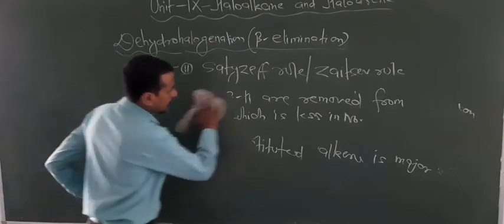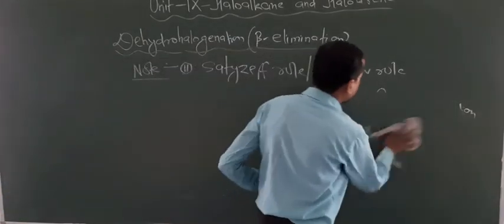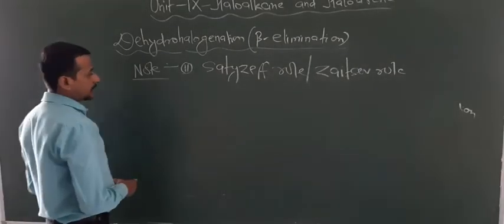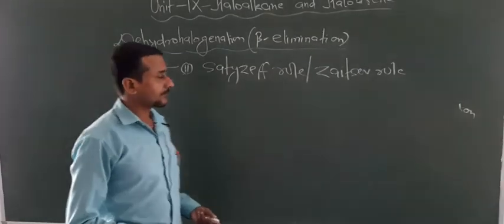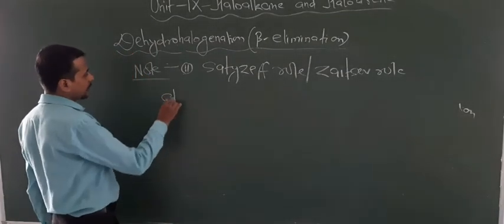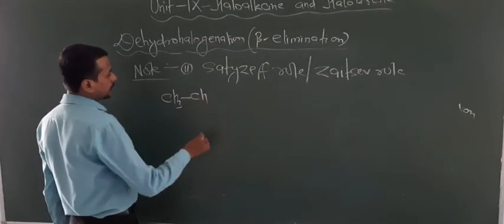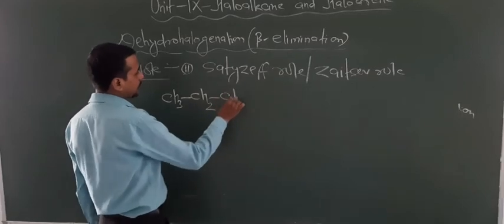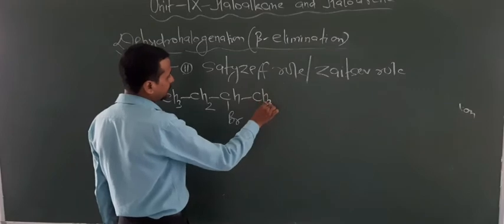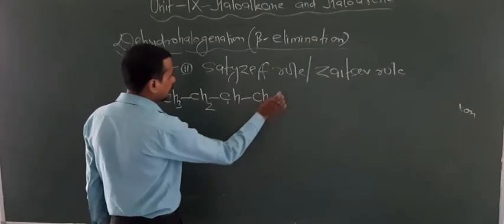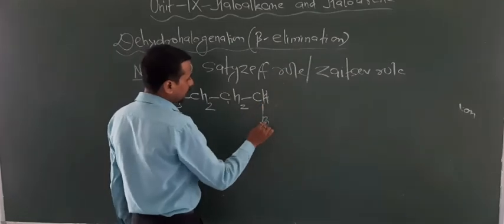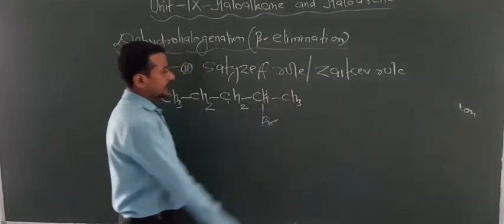Now this you can also solve by the stability order. This I told you in general concept of organic chemistry, that is stability of carbocation. So now look at the conditions: CH3 CH2 CH with bromine, and there is one more carbon you can write like this, here one Br and CH3.